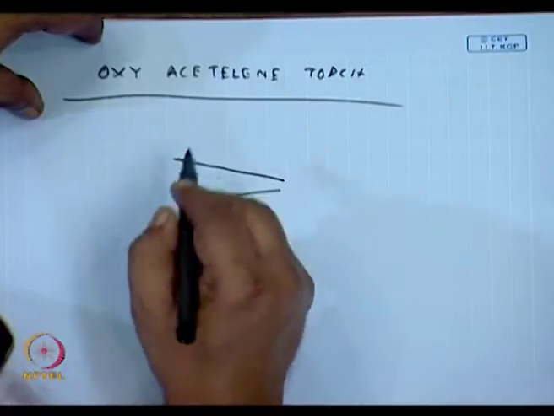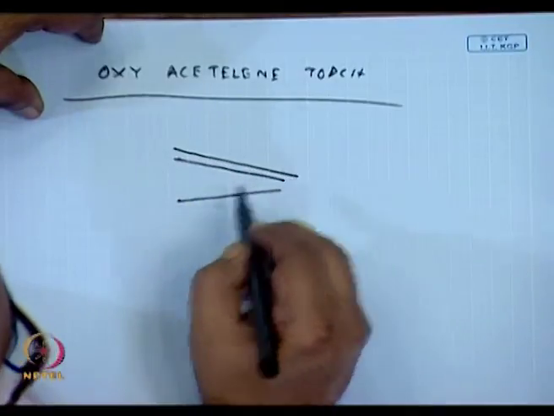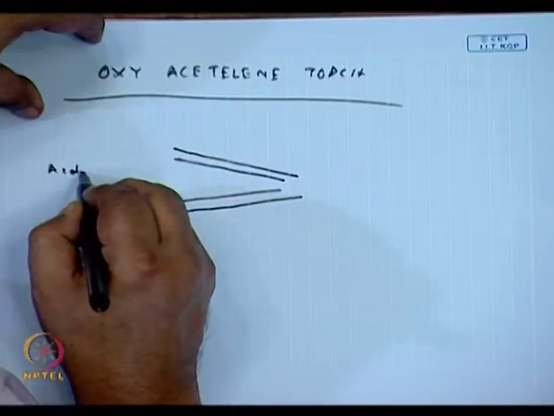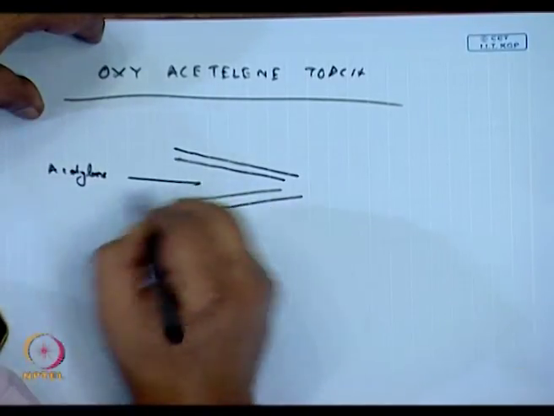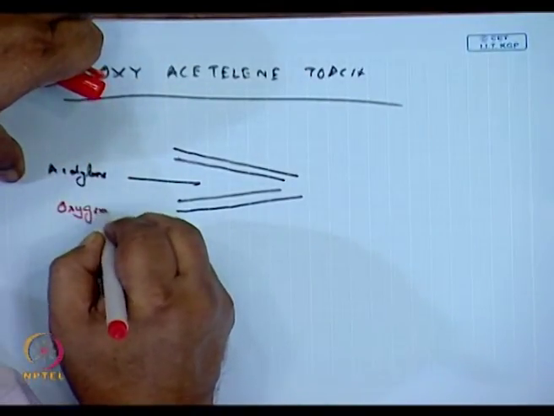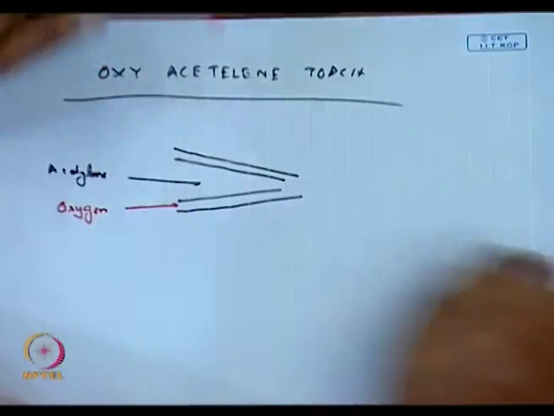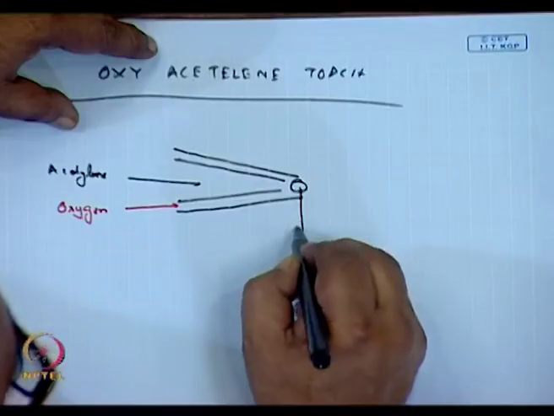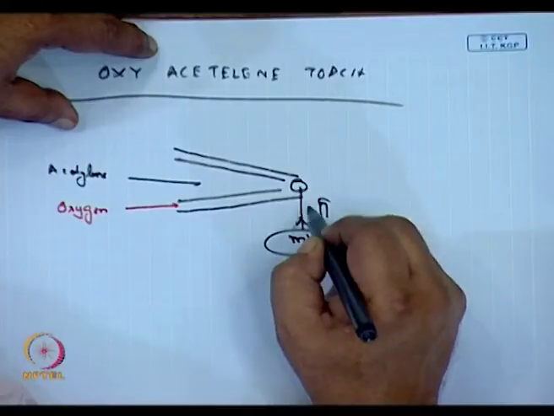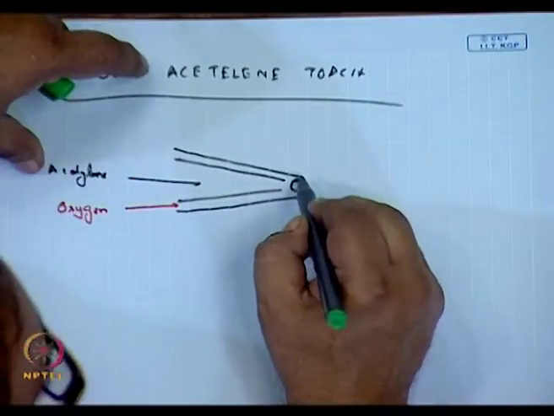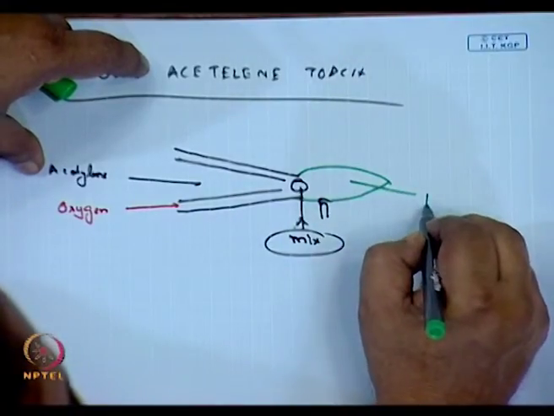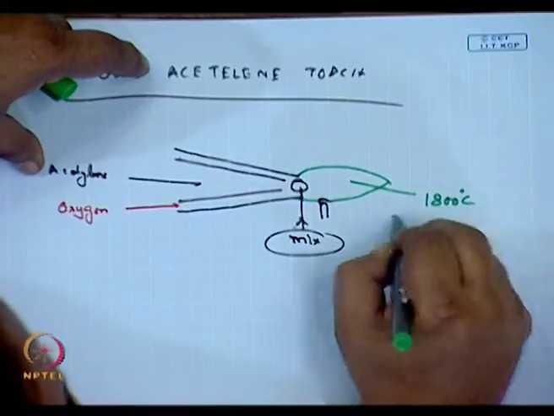You feed acetylene through here, oxygen through here, they mix in this zone and then you ignite it with a flame. As a result, you have a long flame whose temperature can reach anywhere up to 1800 degrees centigrade.